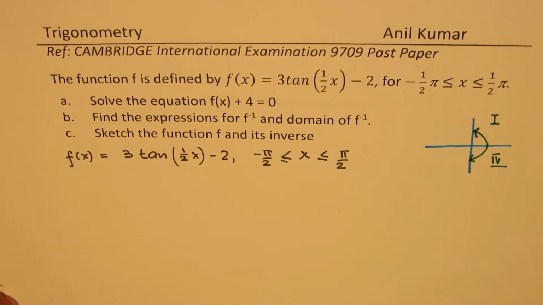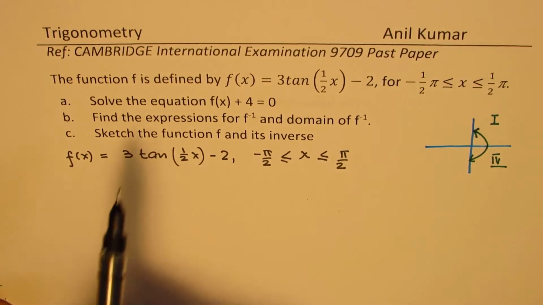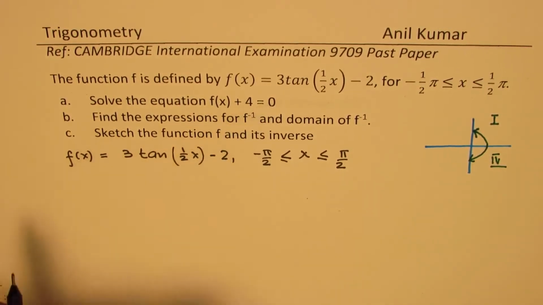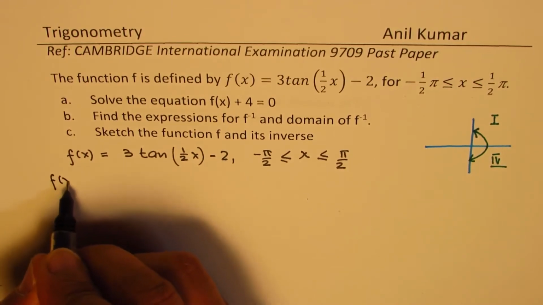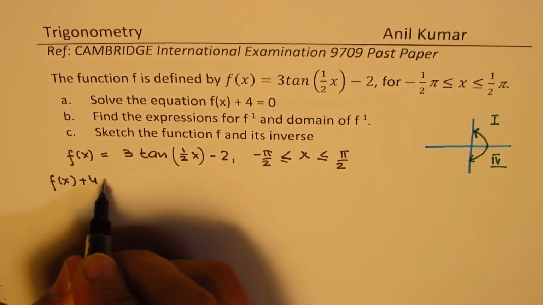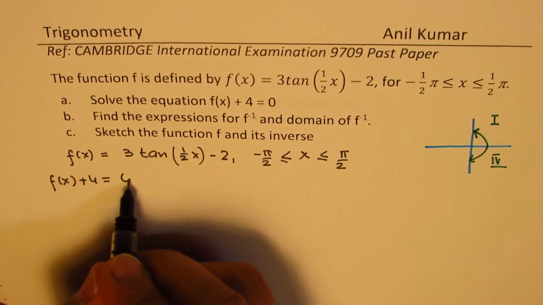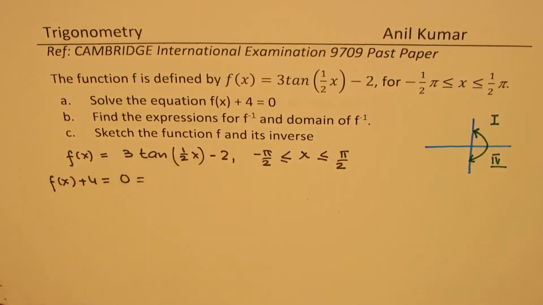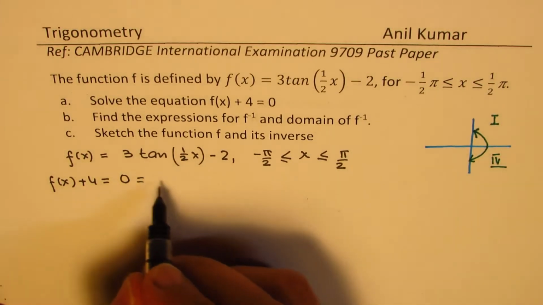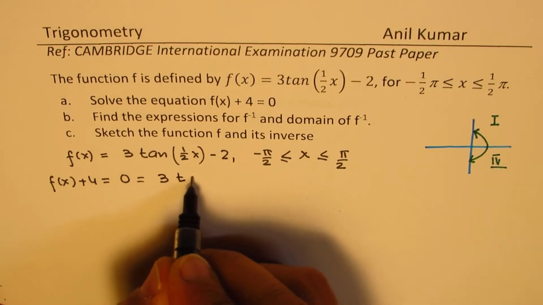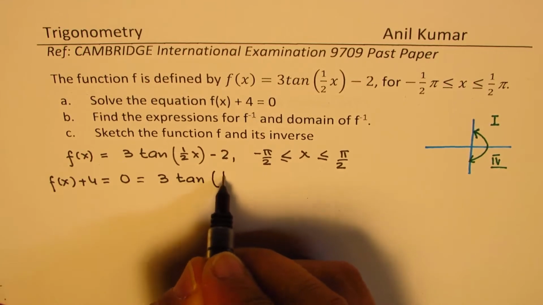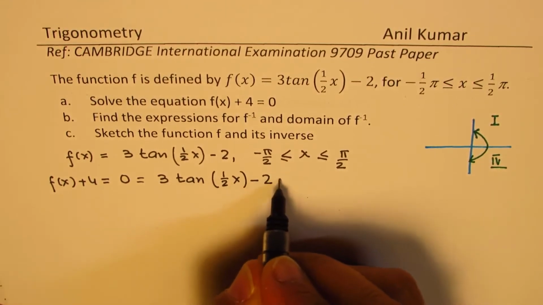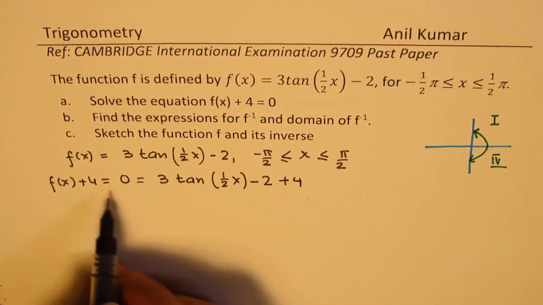Now let's analyze it further. The equation to be solved is f of x plus 4 equals 0. So we add 4 to 3 times tan of half of x minus 2, and we should be getting 0.